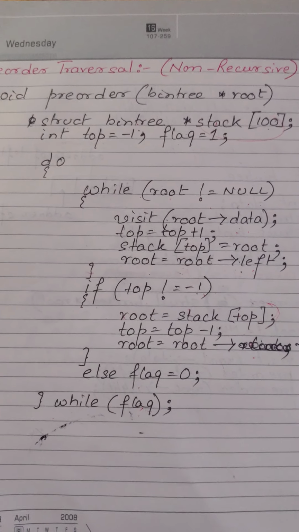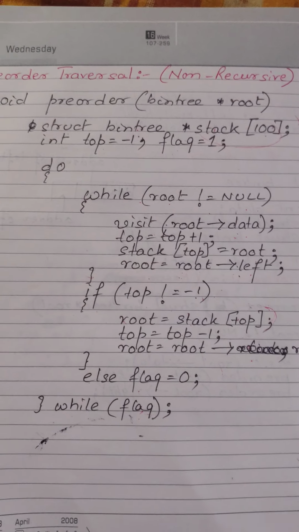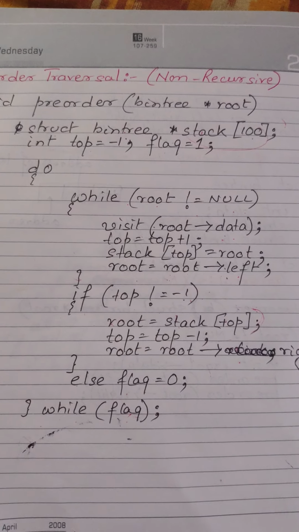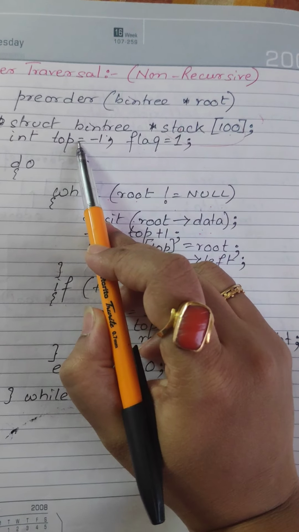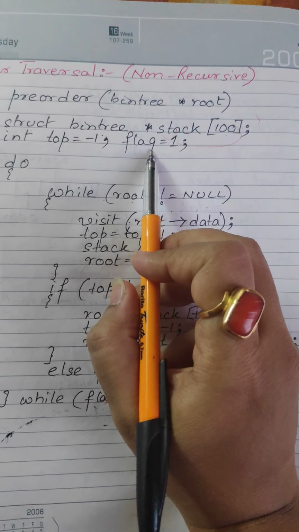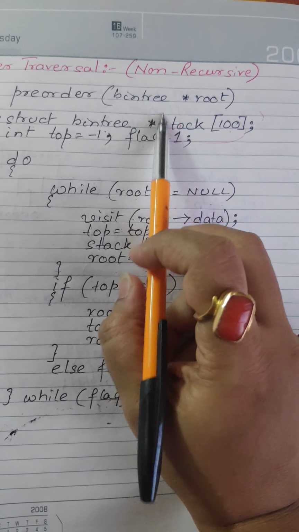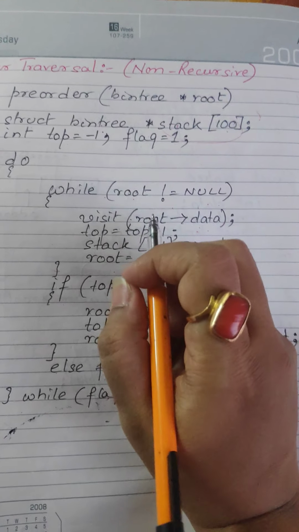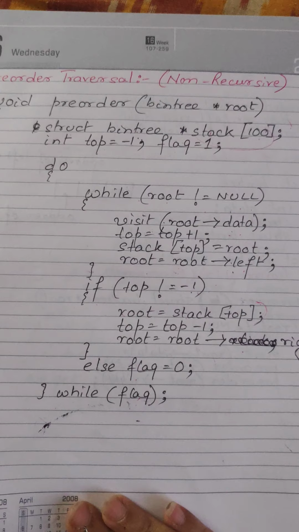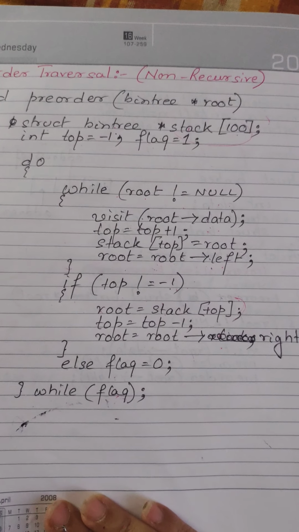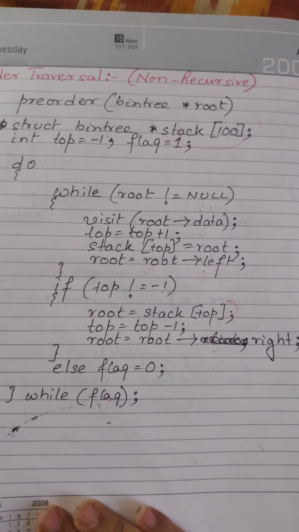Each element of the stack will be of the binary node type. Then the top has been defined as -1 and flag as 1. Now you see we have implemented stack over here, and you know when the stack is empty, the top is always initialized to -1 to show that the stack is empty.